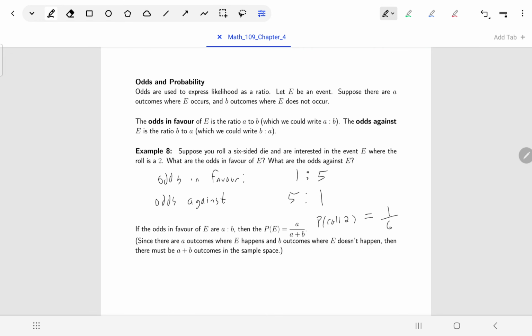So just be aware that I'm never going to be using the word odds again in this class. If we casually use the word odds in everyday life, here in this class we're going to be talking specifically about probability. So we will never talk about odds in favor or odds against. Always it'll be the probability of an event occurring or not occurring.